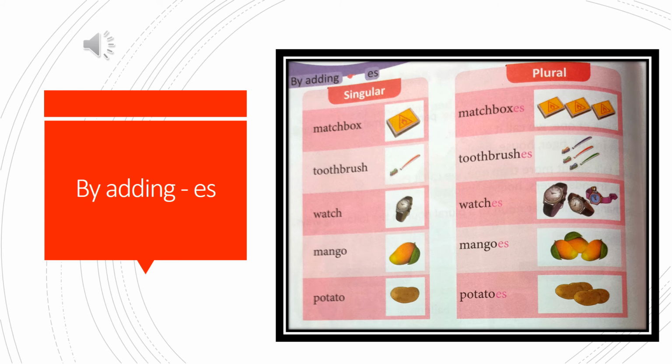Watch becomes watches. Mango becomes mangoes. And potato, when we add ES, becomes potatoes. In this way, some singulars we change into plurals by adding ES at the end of the word.